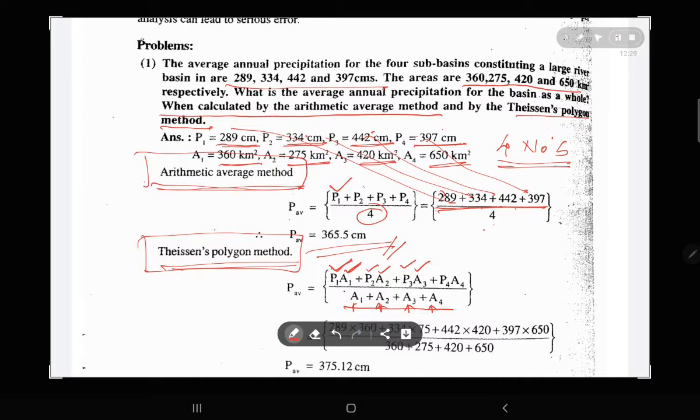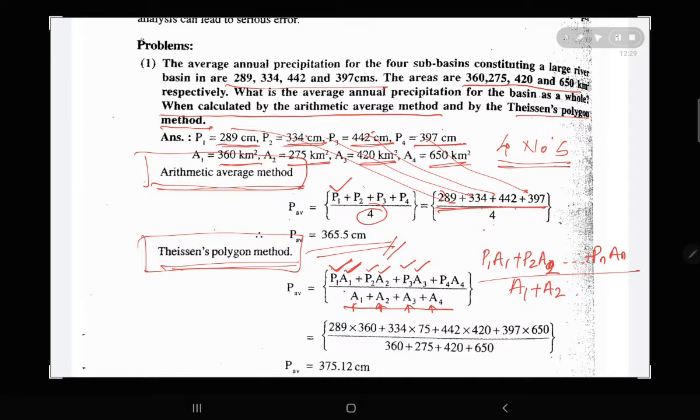For n stations, it is P1A1 plus P2A2 up to PNAN, divided by A1 plus A2 up to AN. Like that you will be calculating the precipitation using the Thiessen polygon method.